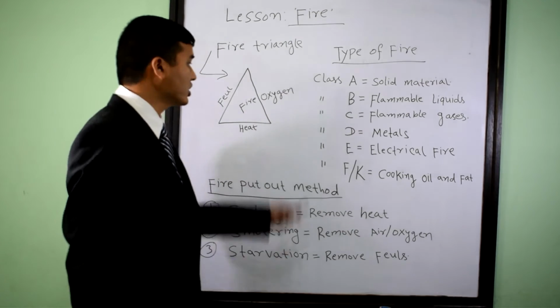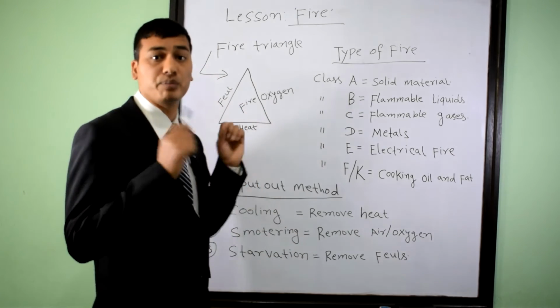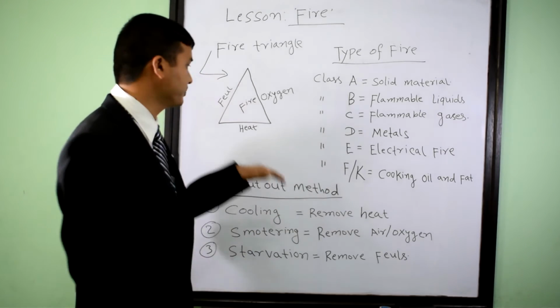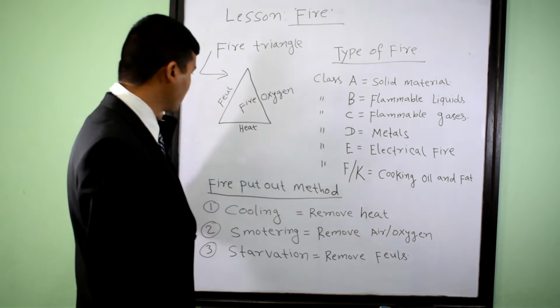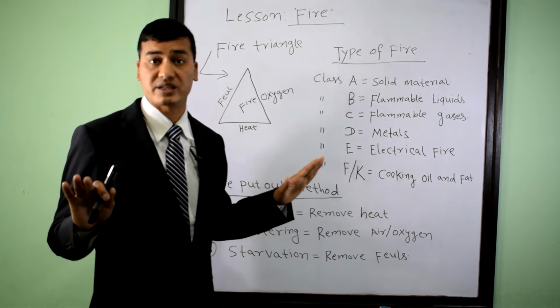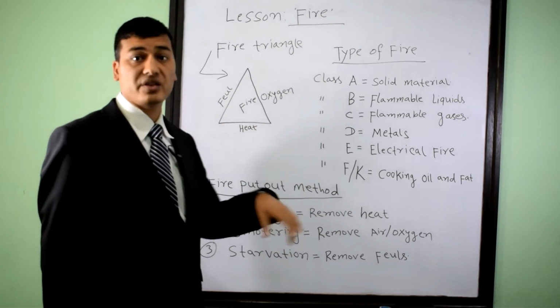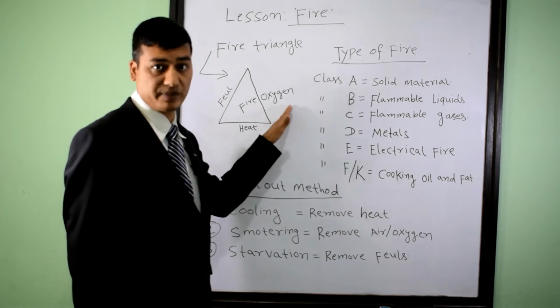Just like that, oxygen or air gives the fire breath, and it can spread or expand. If you cut the fuel, heat or oxygen, the fire cannot take place. Is it clear? For a fire, there are three things: 1 fuel, 2 heat, 3 oxygen.